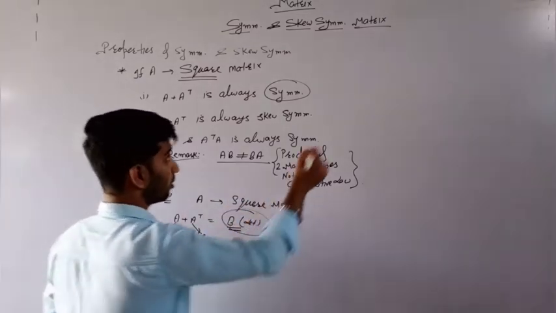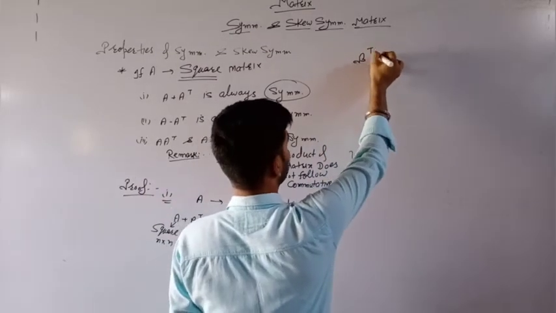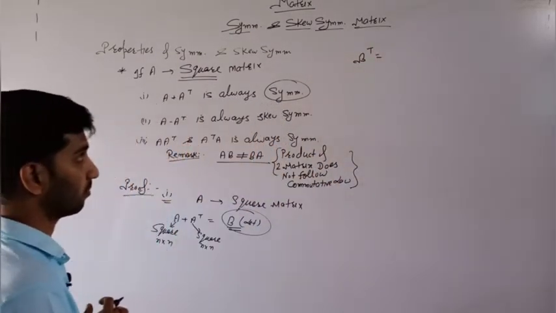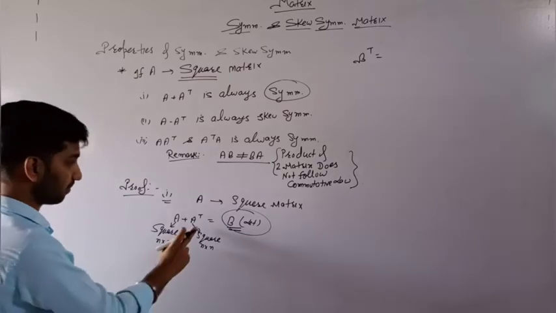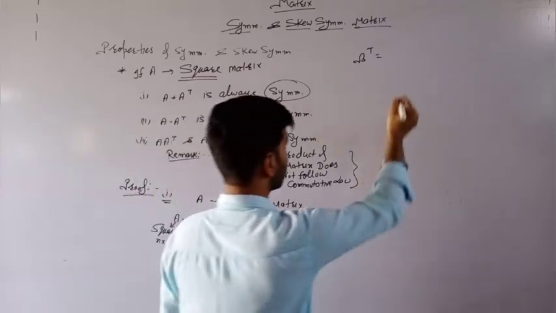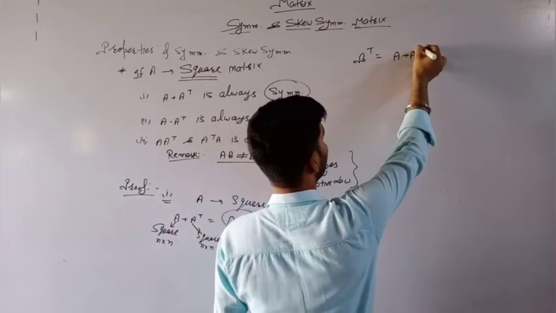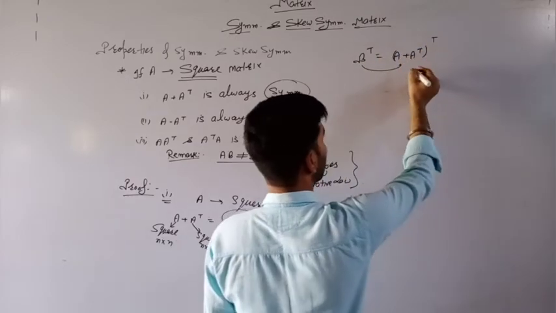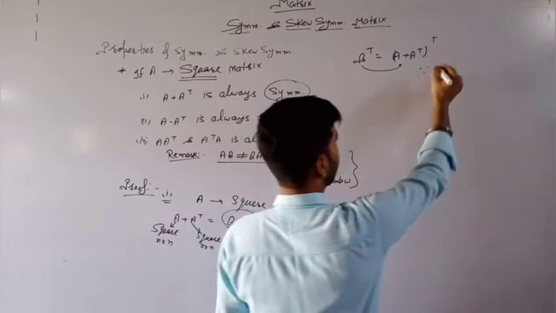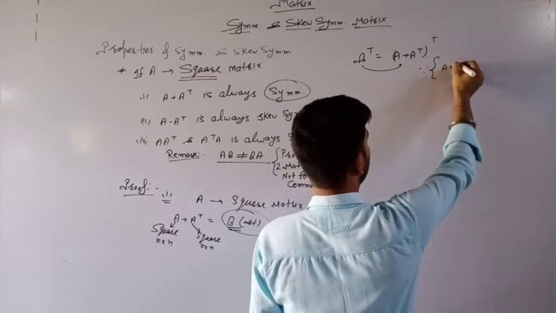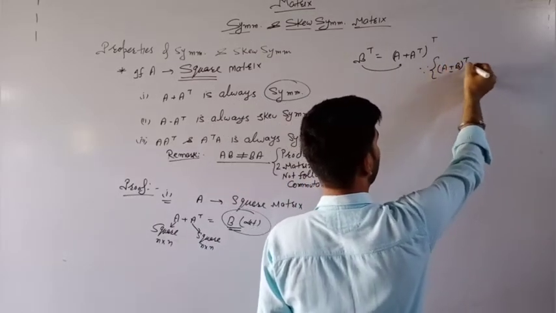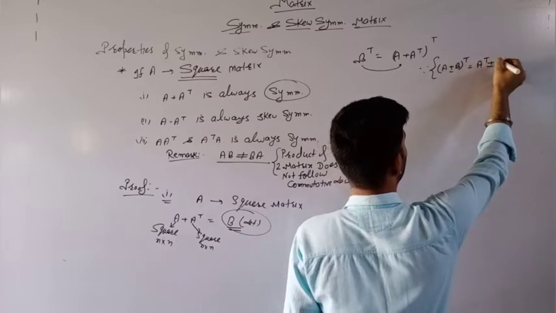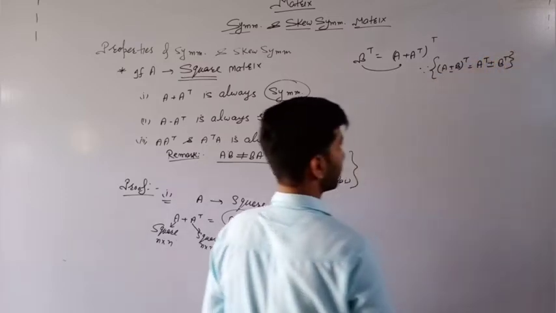Now I find B transpose by putting the value of B. B is A plus A transpose. Here I use the property that the transpose of A plus B is A transpose plus B transpose.